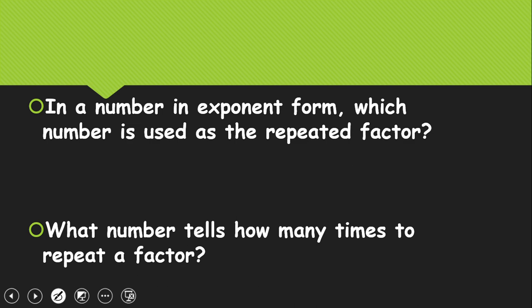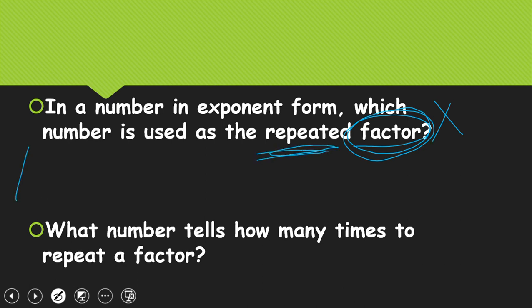All right, in a number in exponent form, so exponent form means with a base and then an exponent as a superscript, which number is used as the repeated factor? Now remember, factor means what? Good, it means multiplication. So which number is being repeated in the multiplication sentence?